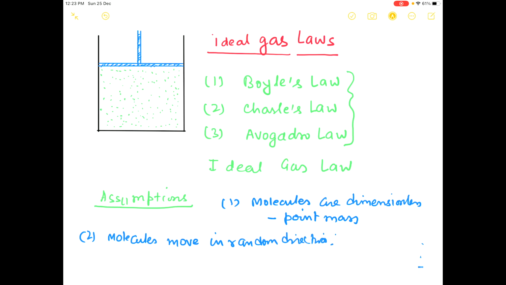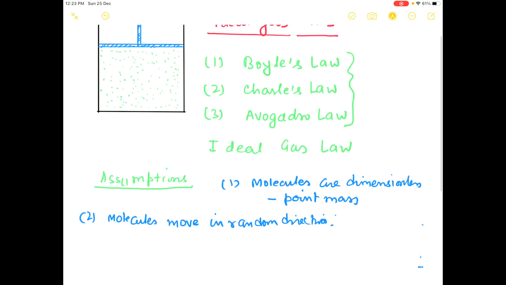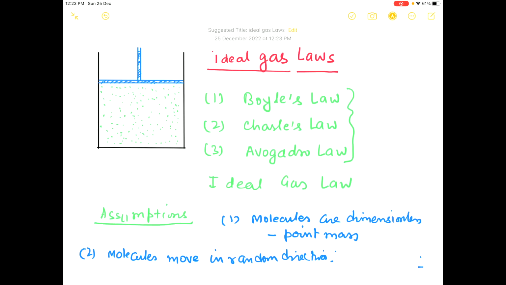So in ideal gas, the molecules are moving in random direction. This is a gas container, and it is fitted with one movable piston, and it has got some pressure P, volume, and temperature.